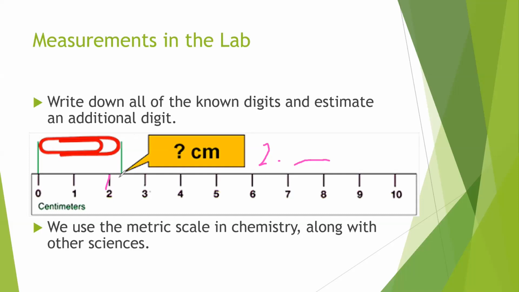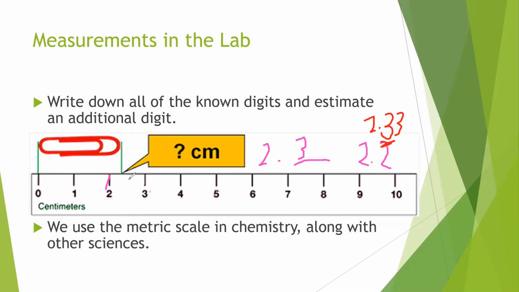So you could say this one's around 2.3. Or you could say it's around 2.2. They're both acceptable since you're estimating that last digit. But the one thing you can't do that I've seen in the chat is say 2.33, because that's implying that we know to the 10th place, when in reality we don't have a 10th place ruler.